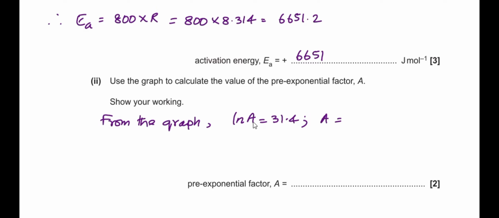When I make A the subject, E will go to the other side and this will become the power. Putting into the calculator, this gives 4.333 times 10 to the power of 13. So we could write here 4.33 times 10 to the power of 13.